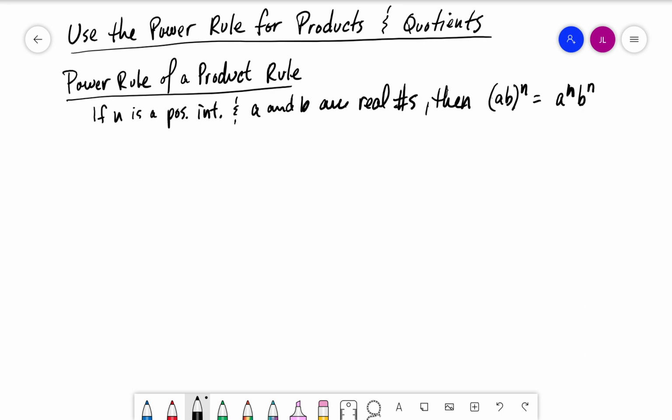So basically, to raise a product to a power, we're raising each factor to the power.